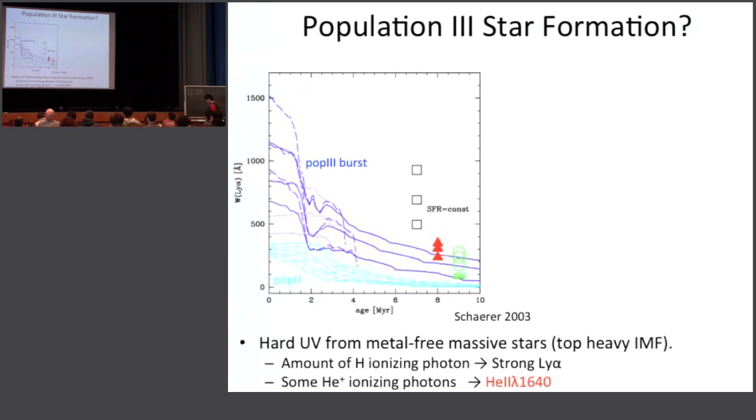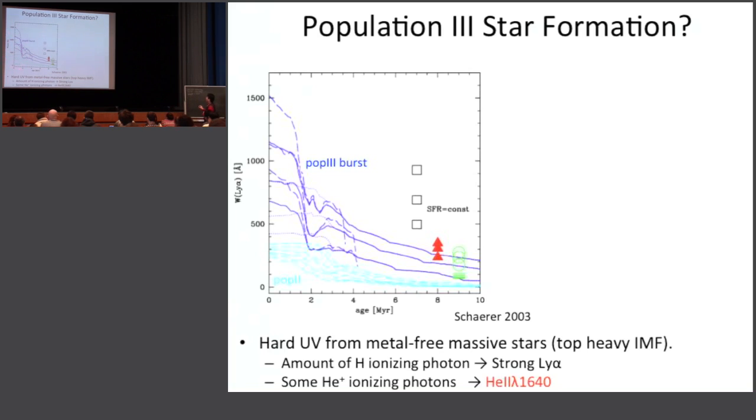So according to Daniel Schaerer's model, for Population 3 you have very massive, metal-poor, metal-free stars that produce a lot of ionizing photons and produce a large Lyman-alpha equivalent width.